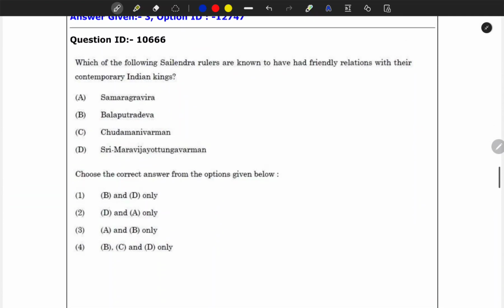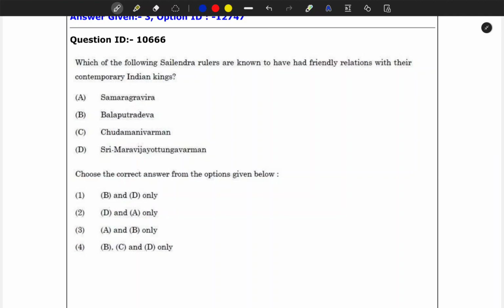Next, which of the following Sailendra rulers are known to have had friendly relations with their contemporary Indian kings? If you don't know, the Sailendra dynasty was not in India, rather it was in the Malayan Peninsula. Since it was in the Malayan Peninsula, it is all related to trade relations with India.